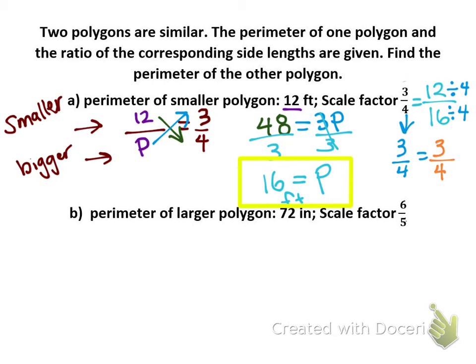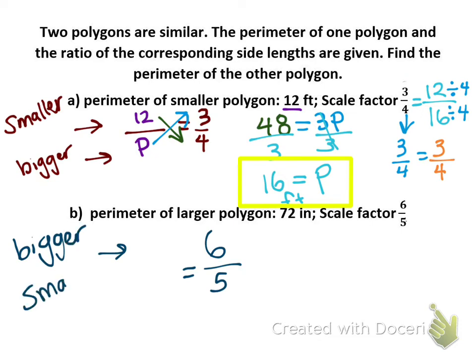The same thing on B. The larger polygon is 72 inches. Our scale factor is 6/5. This one looks a little different because the bigger number is on top, which means our bigger perimeter should be on the top and the smaller should be on the bottom so that it stays proportional.